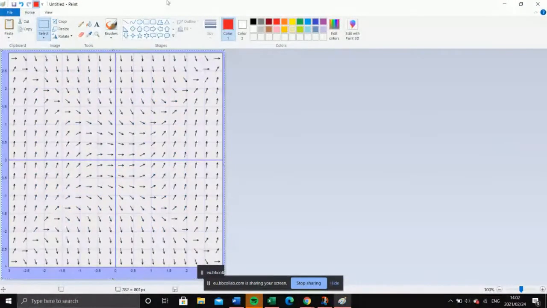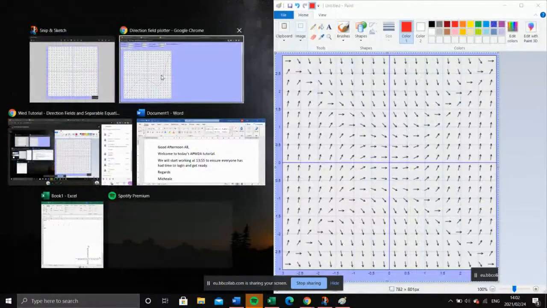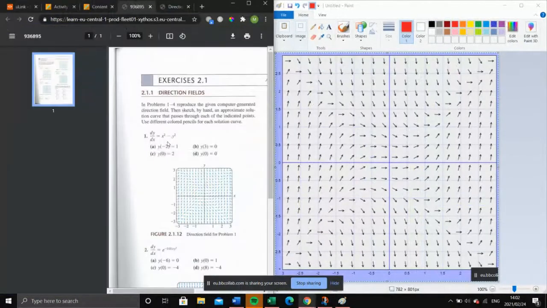Very high tech here. I want this one. Okay. Then we have now reproduced the computer-generated sketch. Then by hand, they want us to sketch an approximate solution curve that passes through each of the indicated points.